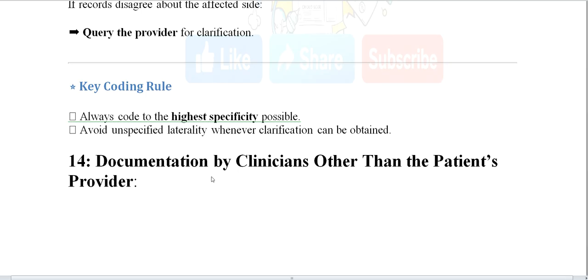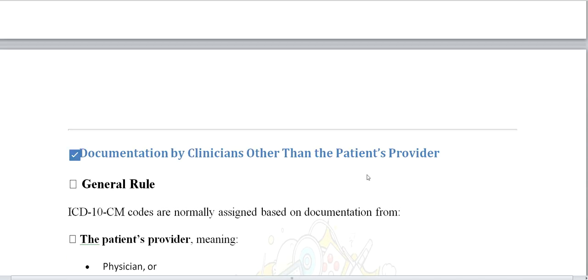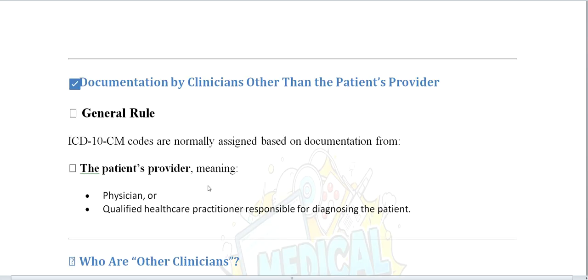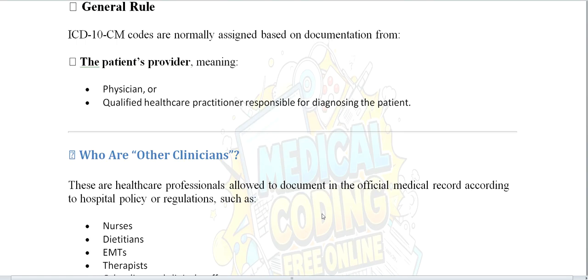Documentation by clinicians other than the patient's provider. General rule: ICD-10-CM codes are normally assigned based on the documentation from the patient's provider, meaning the physician or qualified healthcare practitioner responsible for the diagnosis for the patient.